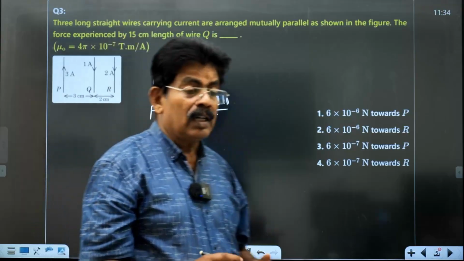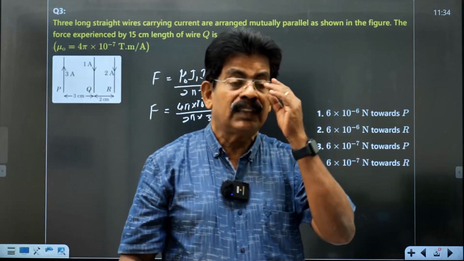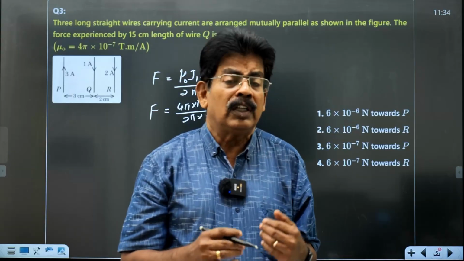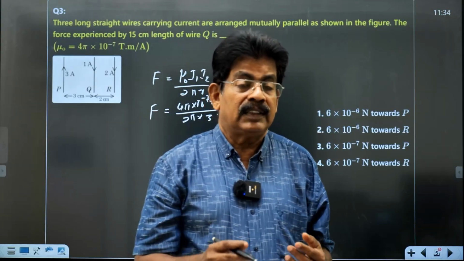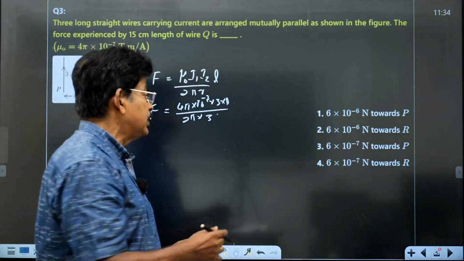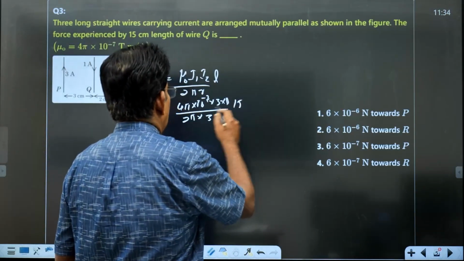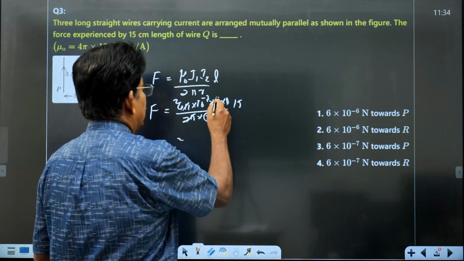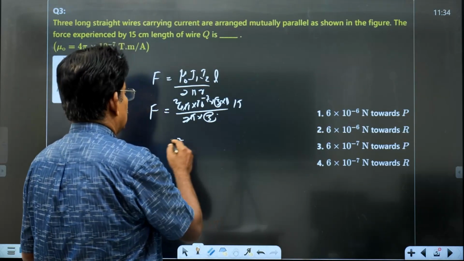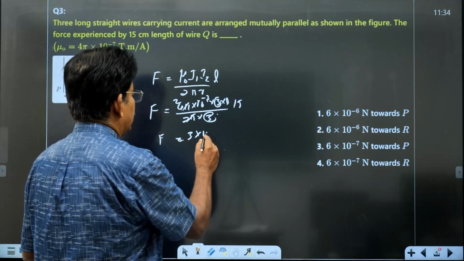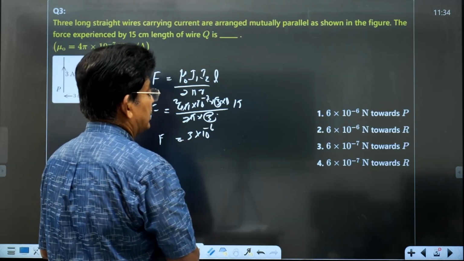If L and R are taken in same unit, that doesn't make any change in the actual value. So don't convert it into meter. The separation R I am taking in centimeter, length also I can take in centimeter. So I take 15. Now this gets cancelled. Now tell me, this 3 gets cancelled. What is left over? Force will be 3 into 10 to the power of minus 6.